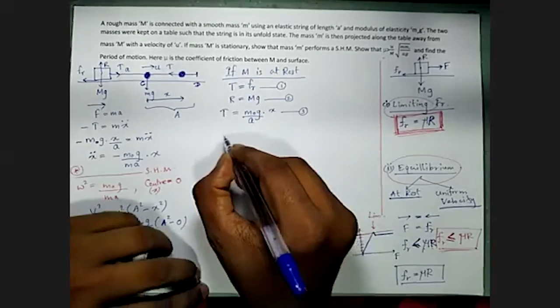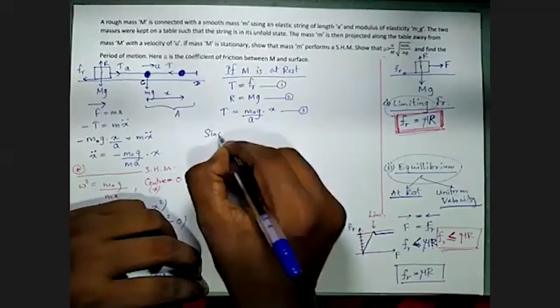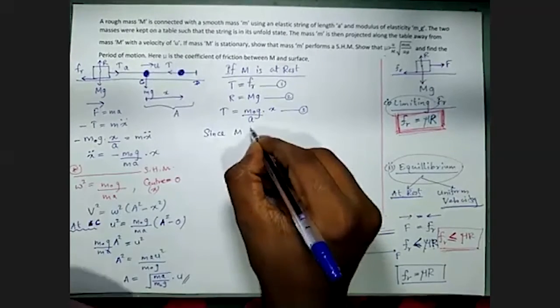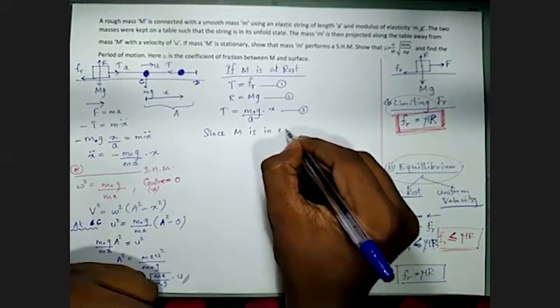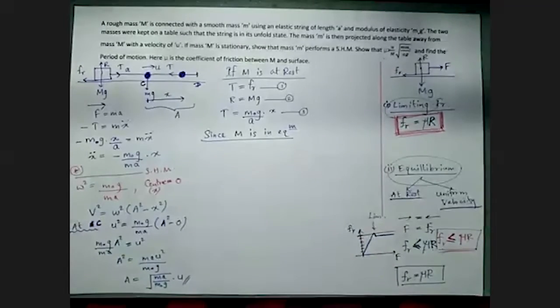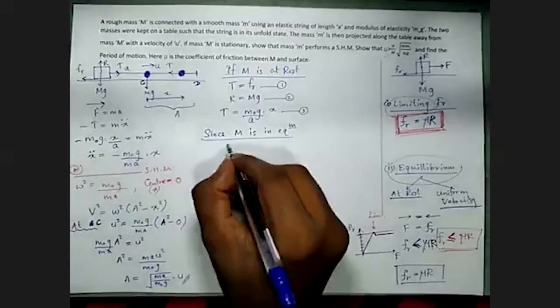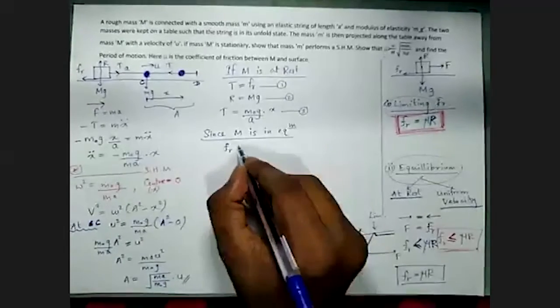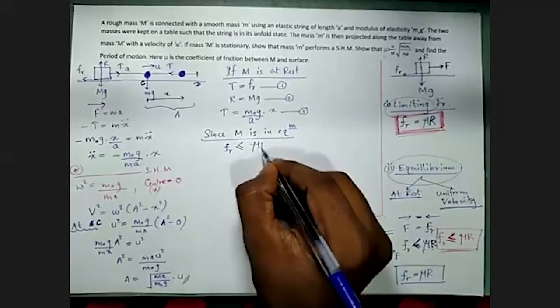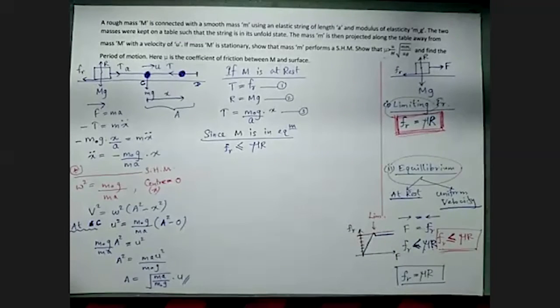And also, since M mass is in equilibrium, what is the theory? Friction Fr in this case is less than or equal to mu R, the product of the coefficient of friction and the perpendicular reaction.